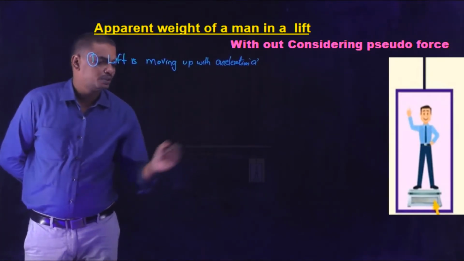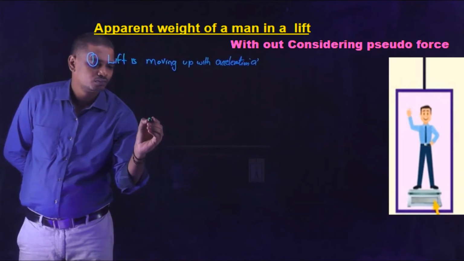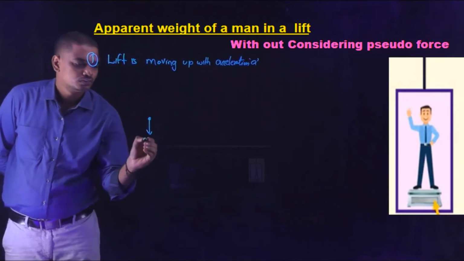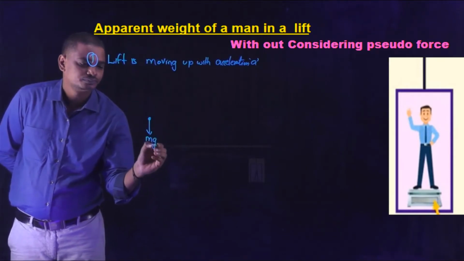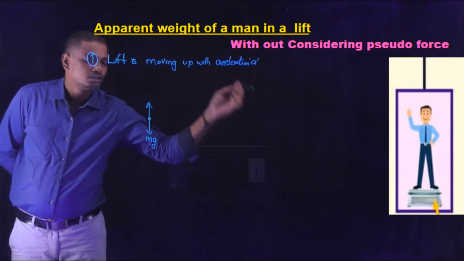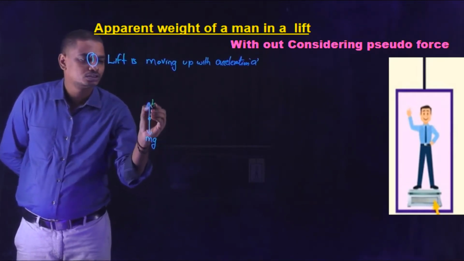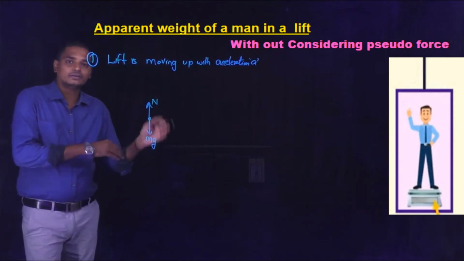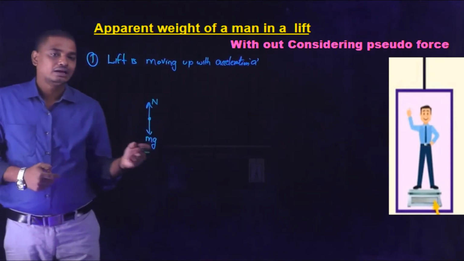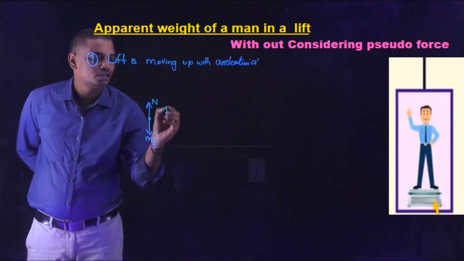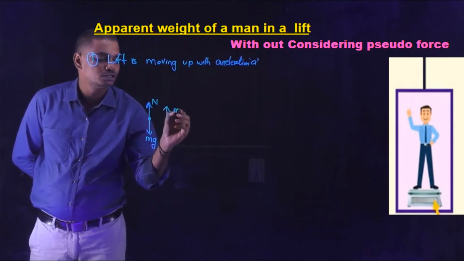By drawing the free body diagram, the weight of the man acts vertically downwards, which is mg, and the normal reaction, perpendicular to the surface of contact, acts vertically upwards, so normal reaction N. This normal reaction shows the apparent weight of the body, and as the lift is moving upwards with an acceleration a, the net force acting on the body is ma.